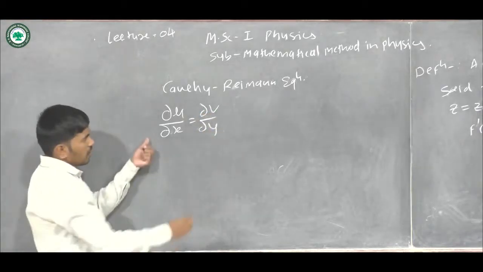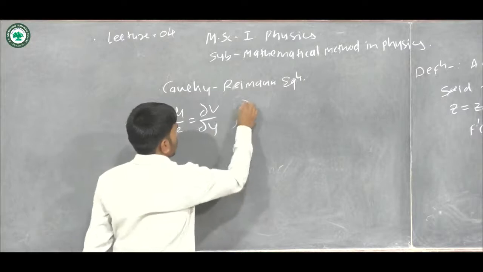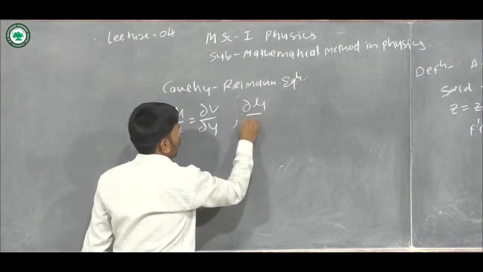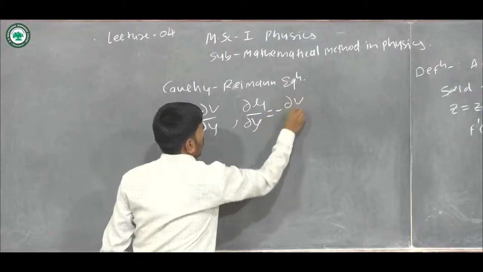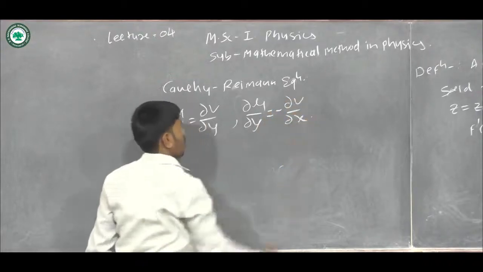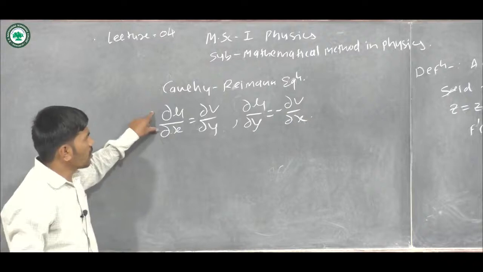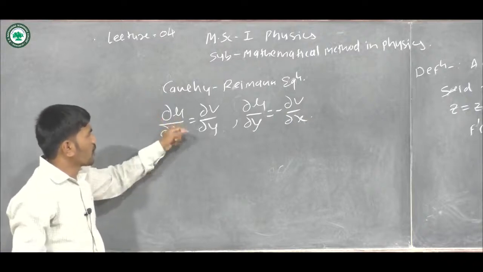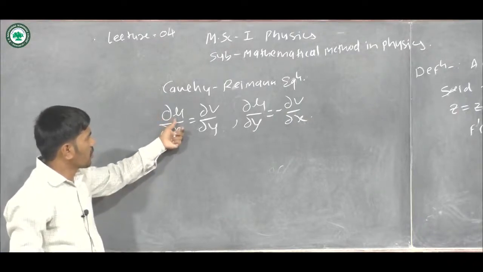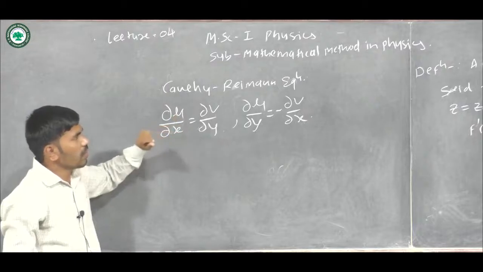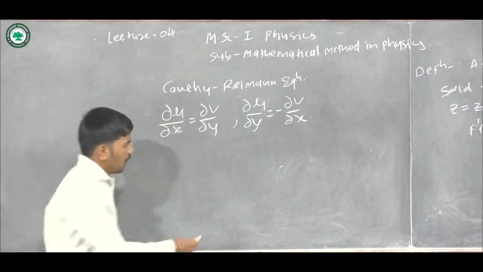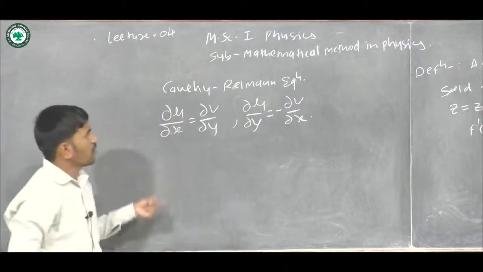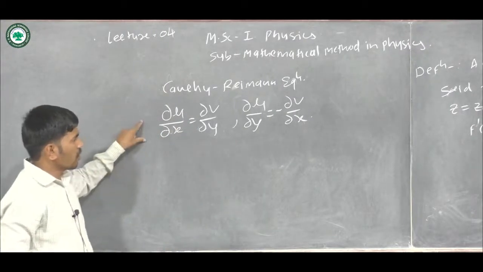This is the first condition, and the second is dou u by dou y is equal to minus dou v by dou x. These are the two conditions. If the function satisfies these two conditions, then we can call the function analytical. This is a way to check whether the function is analytic or not.